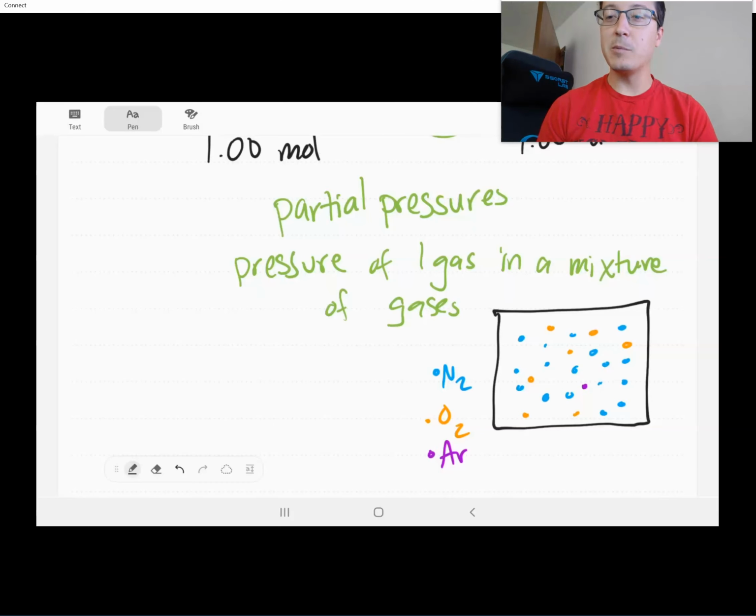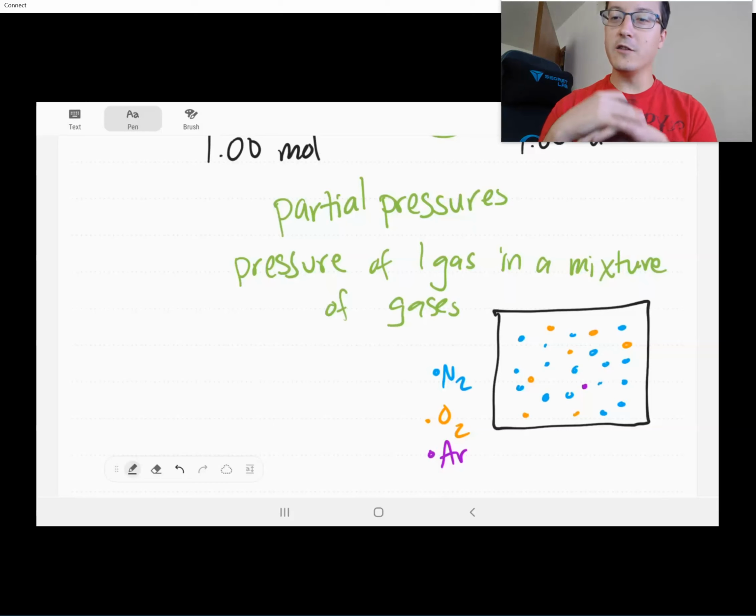Since that purple ball is all by itself, there's not very much of the purple in there, so the purple is going to only give a small amount of pressure to the overall system. But we can see that there are a lot of blue ones that are all going to be hitting the walls fairly frequently. So a lot of the pressure will be generated from the blue ones. And then the orange ones are kind of in between there.